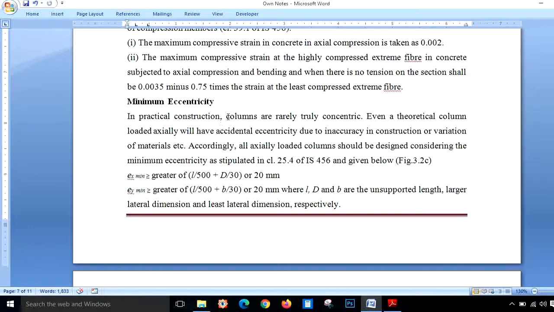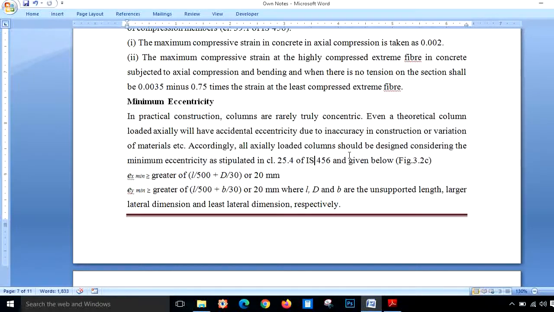In practical construction, columns are rarely truly axial, and even a theoretically axially loaded column will have accidental eccentricity due to inaccuracy in construction or variation of material. Accordingly, all axially loaded columns shall be designed by considering the minimum eccentricity stipulated in clause 25.4.